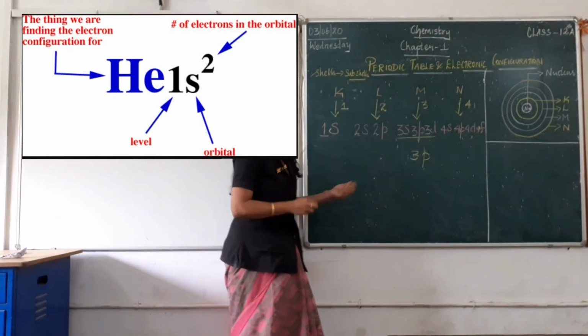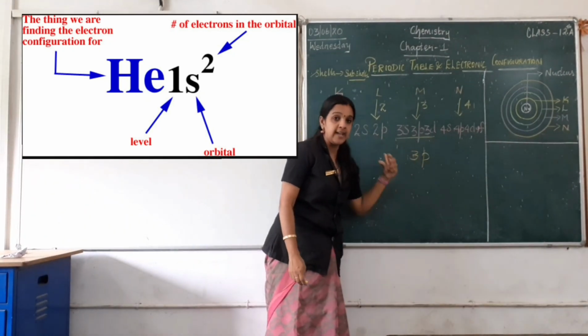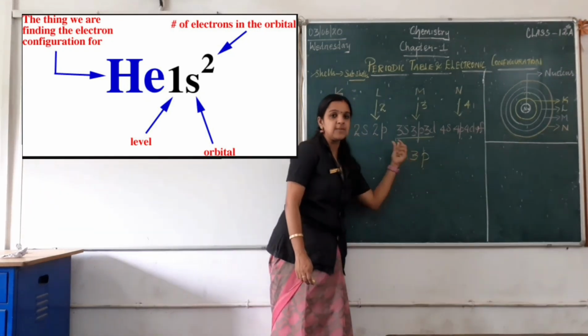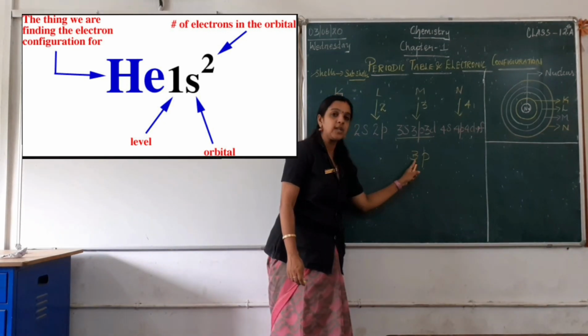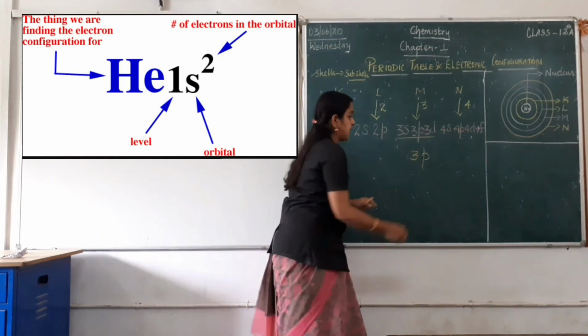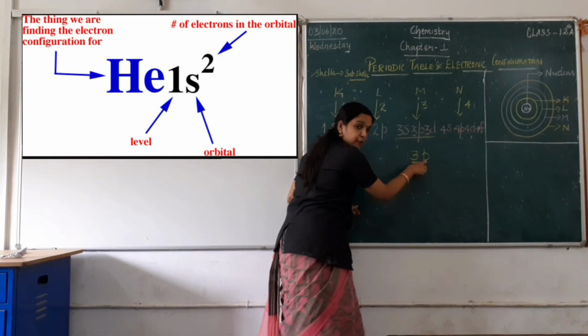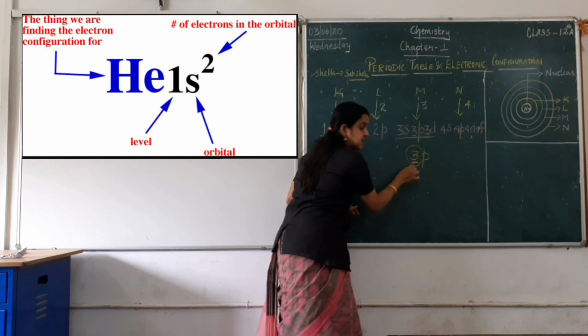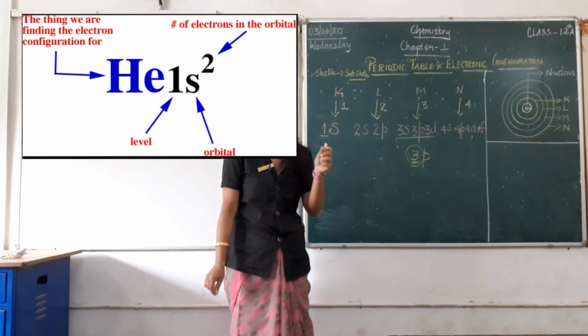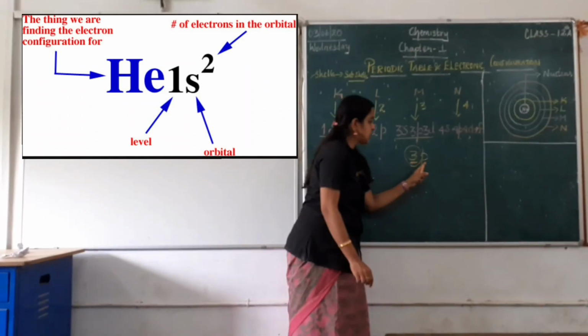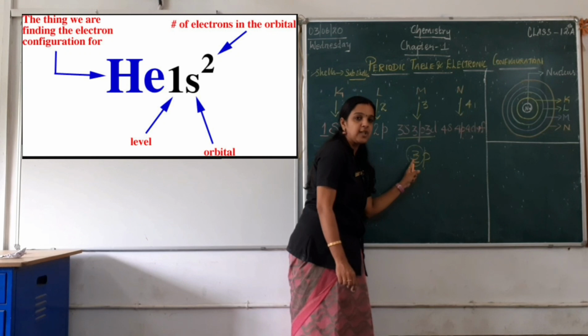If I take the 3p subshell, I know my electron is present in the p subshell, which belongs to the third shell. So the number 3, which is before the subshell, represents the energy level, or I can simply say the shell number. So this is my subshell and this is my shell number.